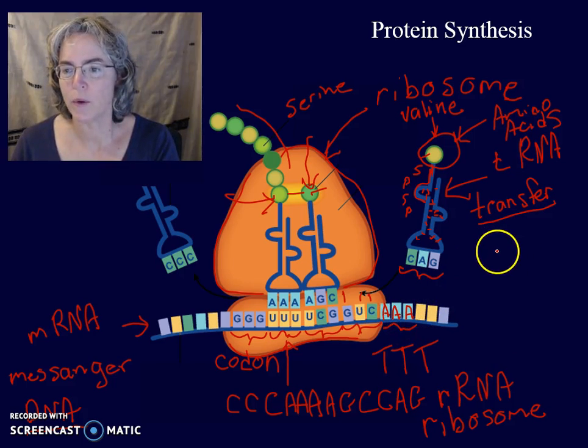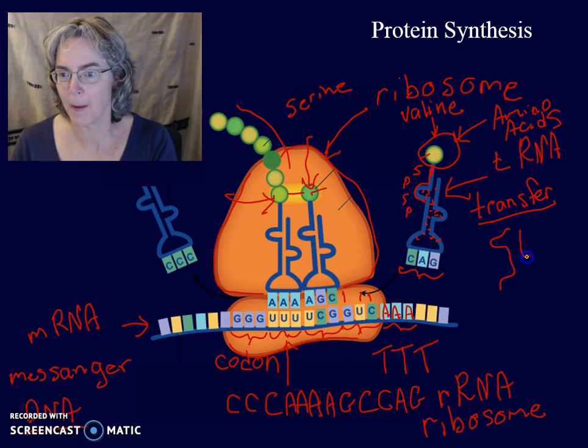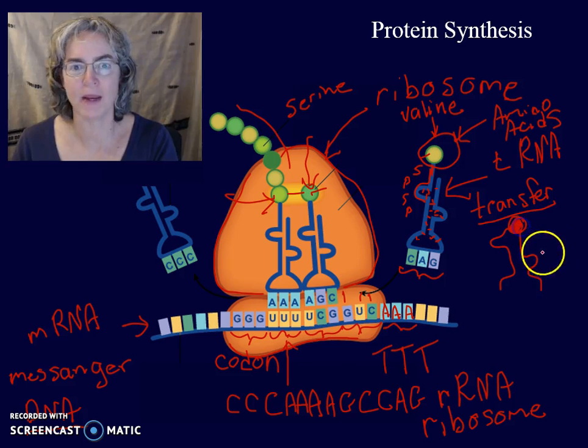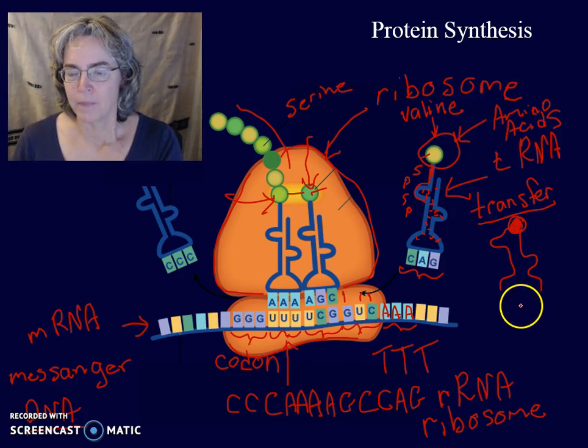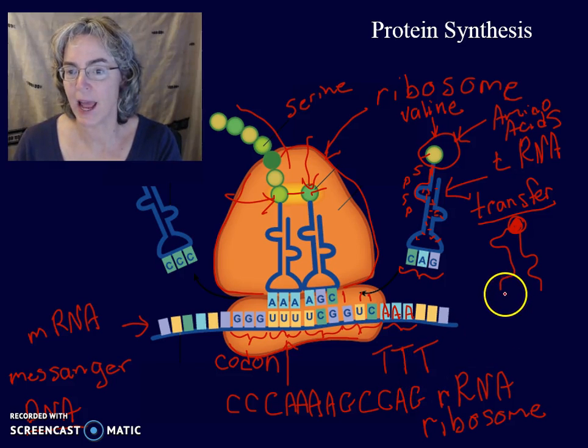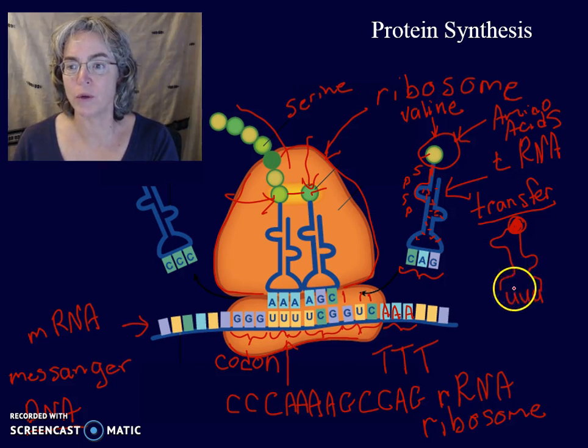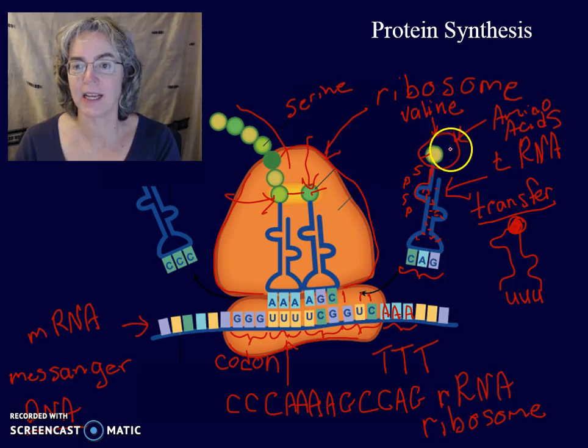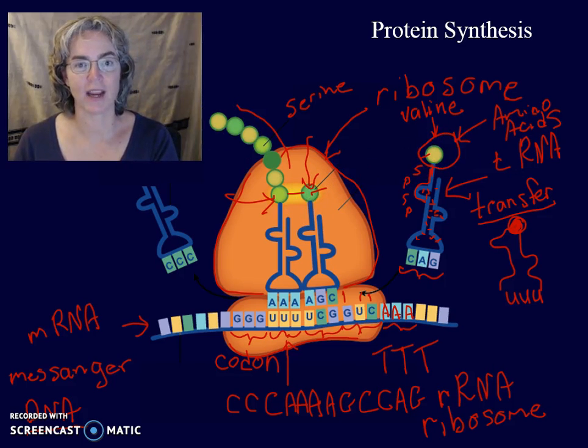So what would it be in our tRNA molecule with our amino acid on the tip? So remember, there's no thymine in RNA. So it's going to have to be U, U, U. So UUU is going to come in here, bringing in its specific amino acid to be attached to this chain.